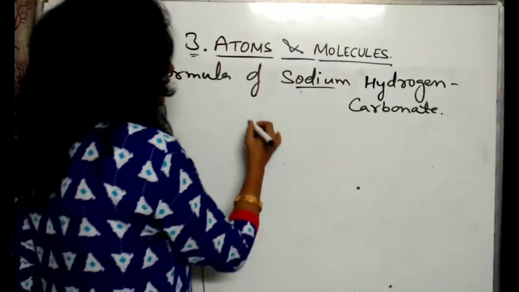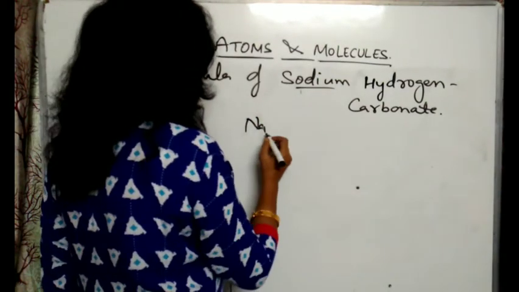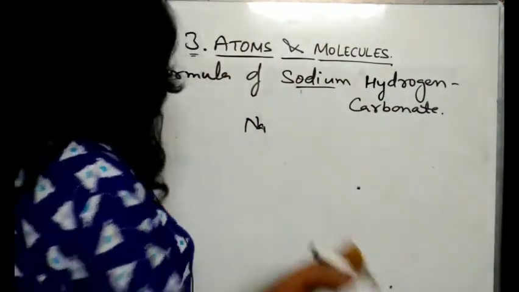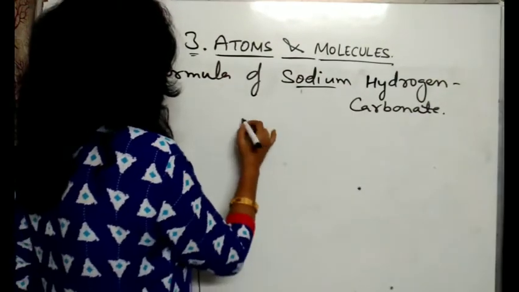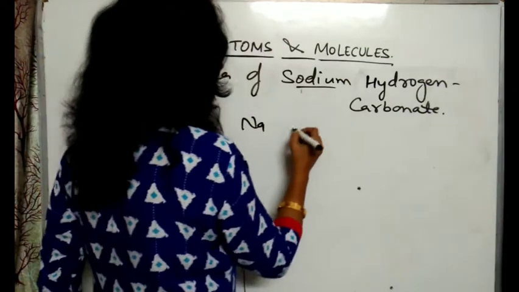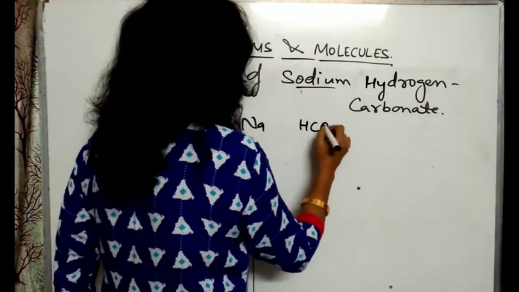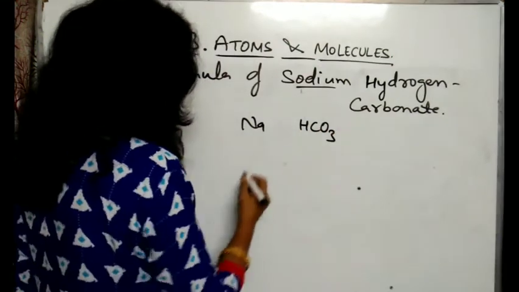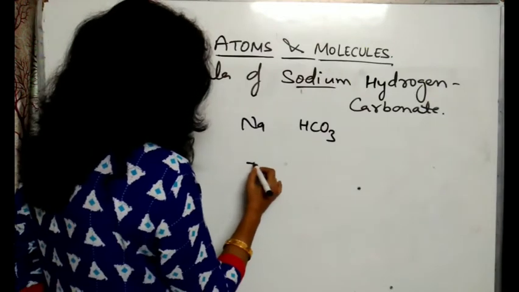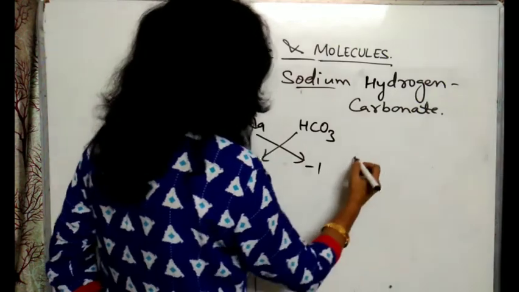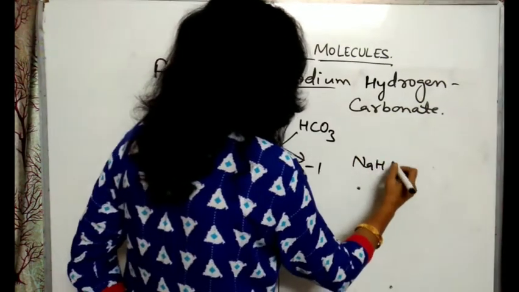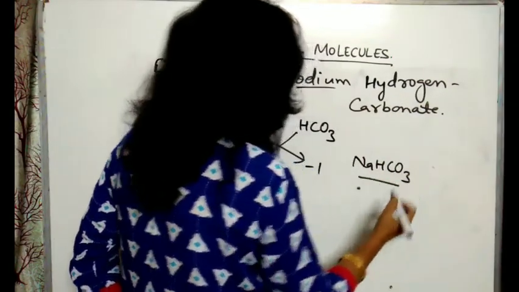Sodium is Na, the symbol of sodium is Na, and hydrogen carbonate is HCO3. Here +1 valency, here -1 valency. Cross over the valencies, where the formula becomes NaHCO3.